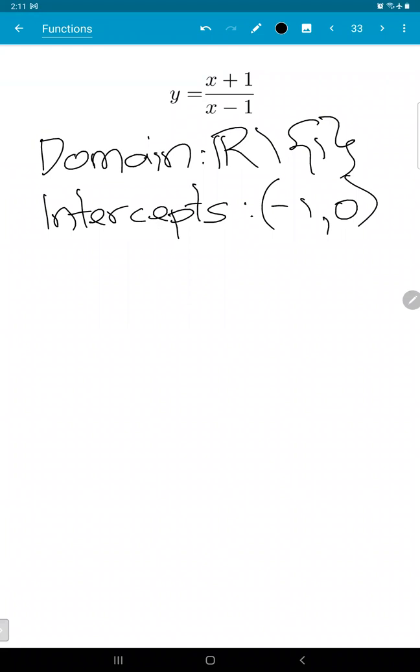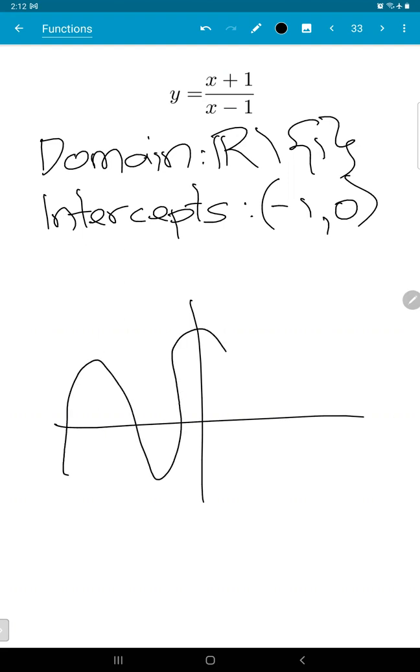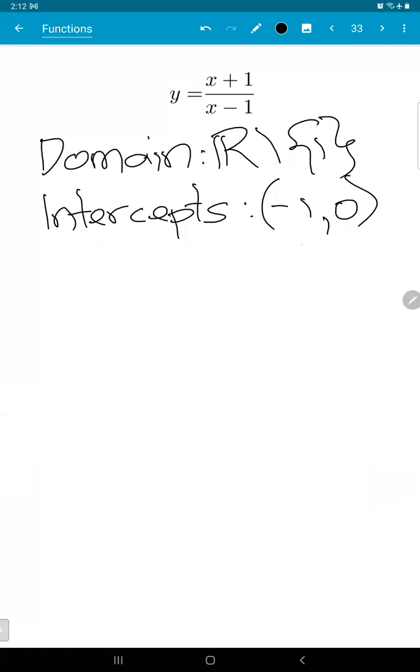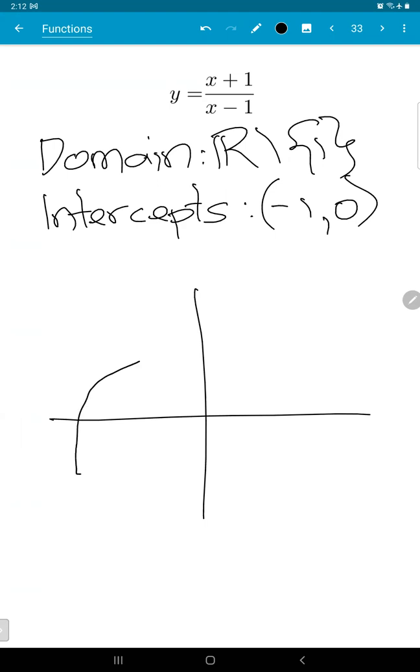And then the y-intercept. Remember, there is at most one y-intercept. As explained in a previous video, you cannot cross the y-intercept more than once. The graph can cross the x-intercept many times, depending on the degree of the polynomial function. But for the y-intercept, you cannot cross it more than once, because if that were so, then we would not have a function.